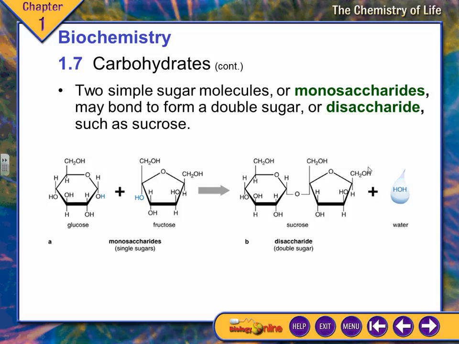Okay, the simplest carbohydrate is called a monosaccharide. Mono means what? 1. Then a little more complex would be a disaccharide. What do you think the di stands for? 2. Now, these are monosaccharides, for example, glucose and fructose. You can get these guys to bond together. The H will come off here and the OH will come off there, and then it'll bond together.